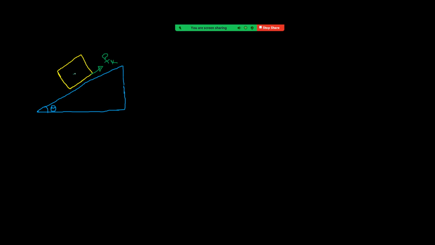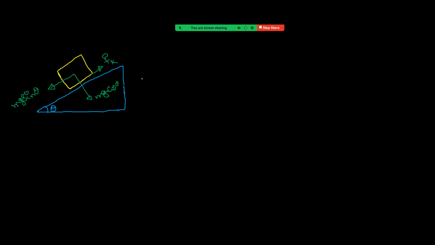Next, taking two components for weight, that is mg sin theta along the incline and normal to the inclined plane mg cos theta. Okay, so next we have to focus on normal reaction. Is normal reaction passing through center or not? That we have to decide once.